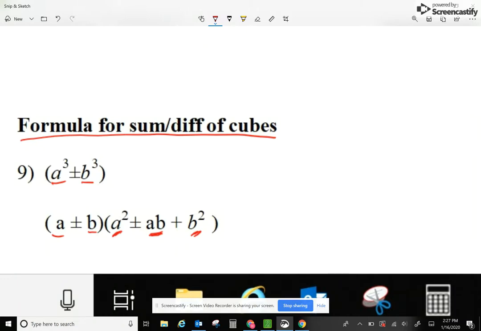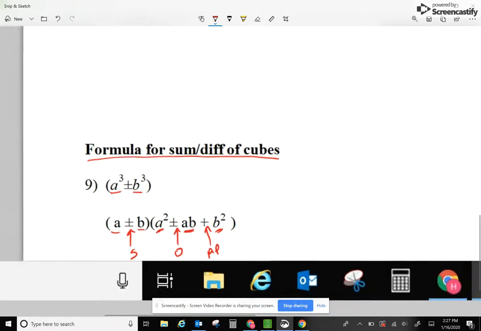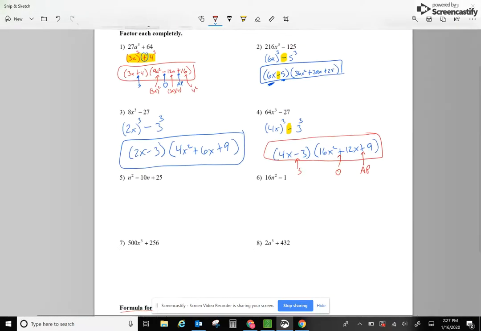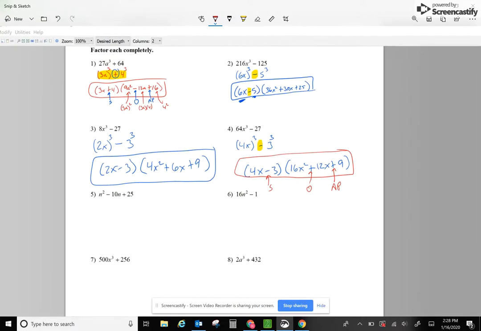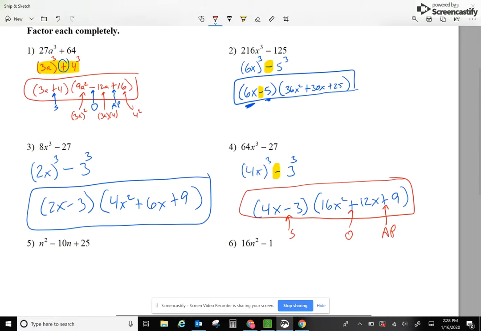Notice I'm putting plus or minus because it depends on the sign. Remember the acronym: same sign, opposite sign, always positive. I only have a positive sign there. So use the SOAP acronym for the signs. When it comes to cubes, it could be a plus or minus in between. That's why I'm going to call it the sum or the difference of the cubes.